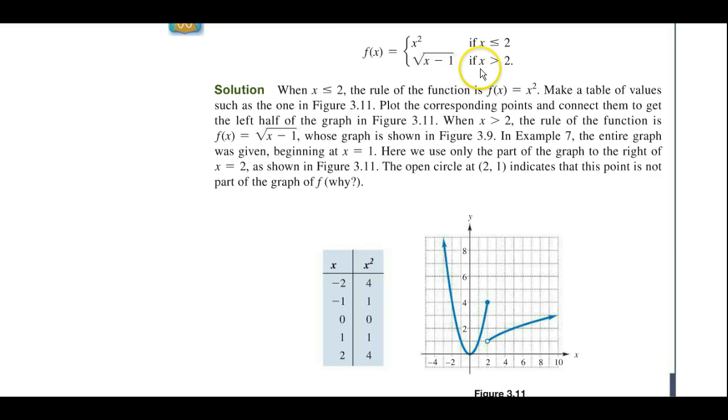Now here, since x has to be greater than 2, we don't start at this positive 1 here, where normally it would. And we're careful that our x values have to be less than or equal to 2.